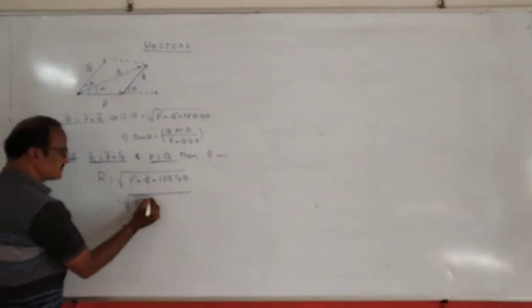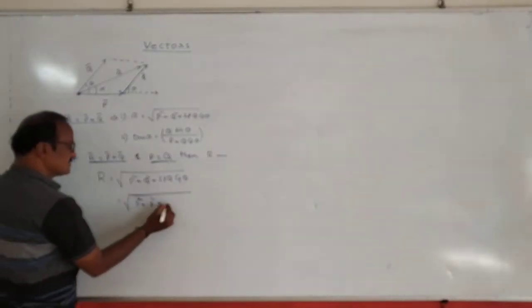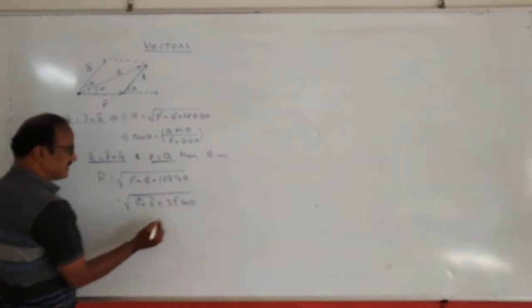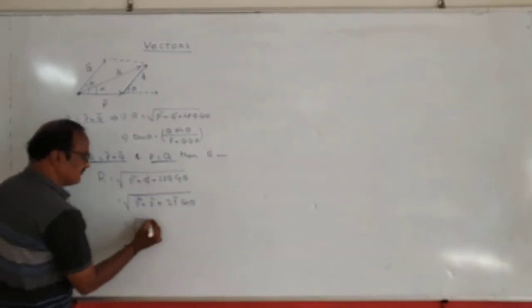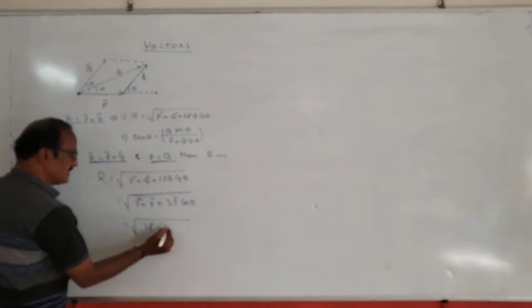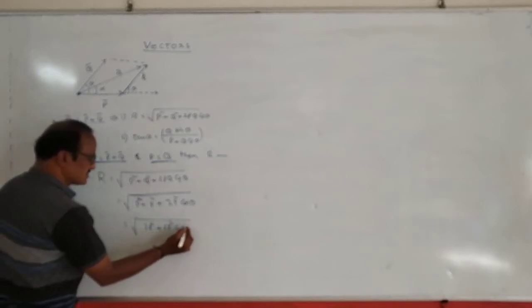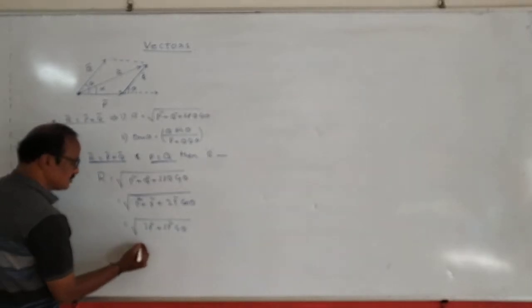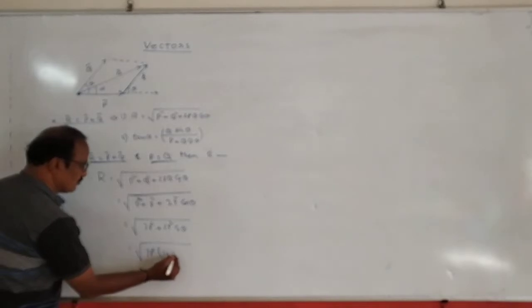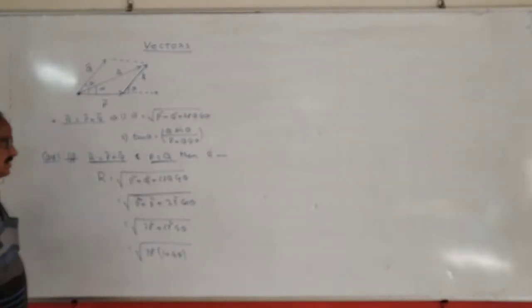So P square plus P square plus 2 P square cos theta. That is equal to root of 2P square plus 2P square cos theta. It is also equal to root of, here 2P square is common, into 1 plus cos theta.